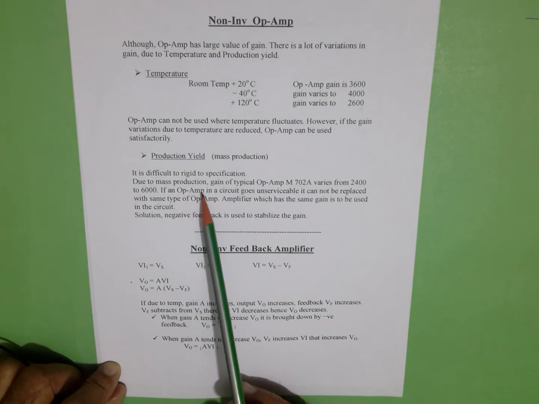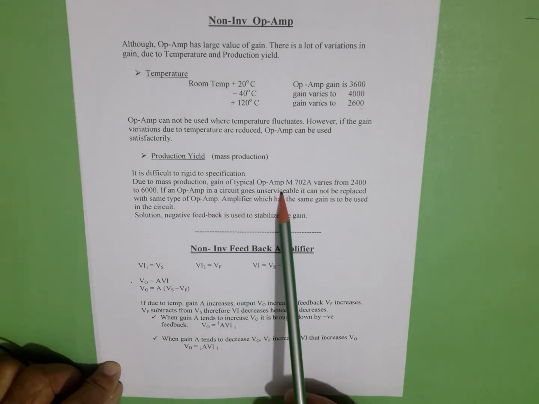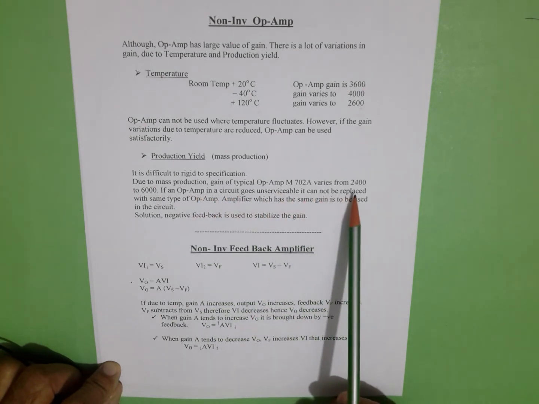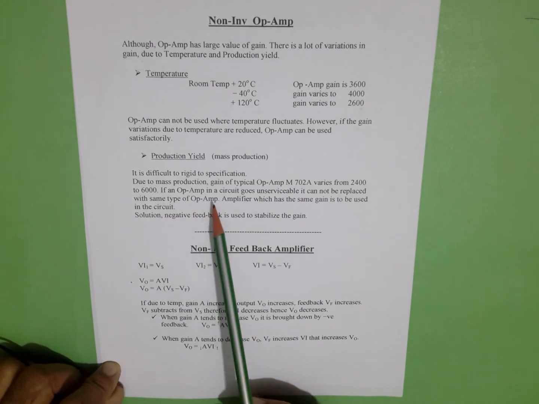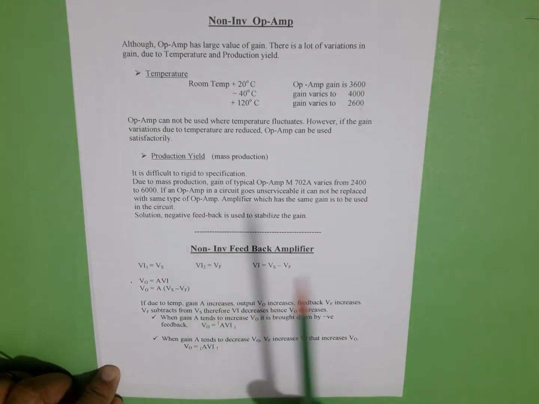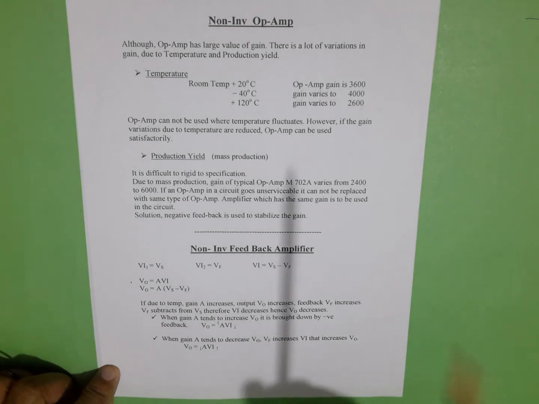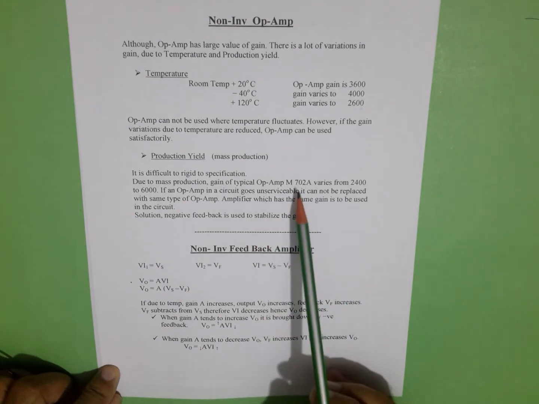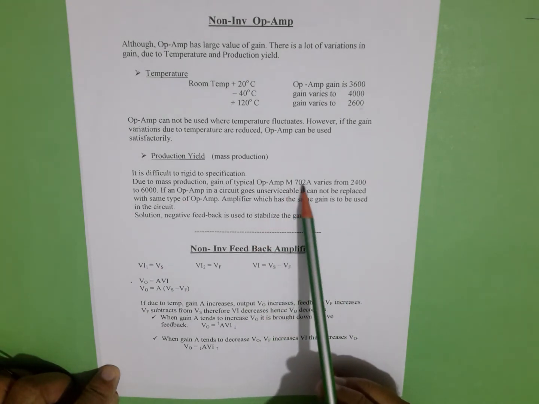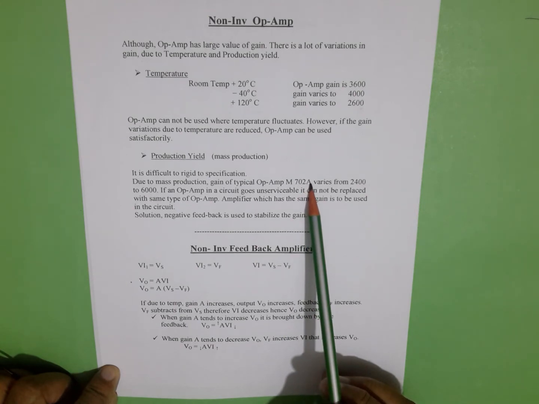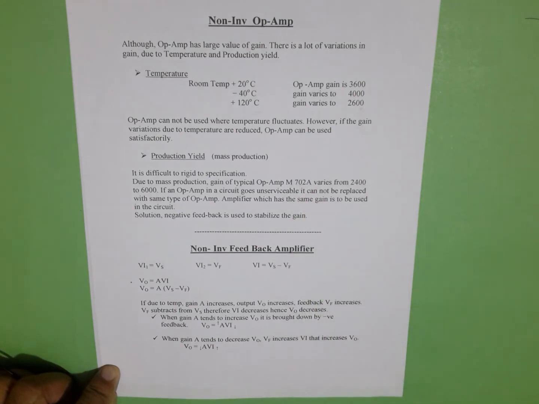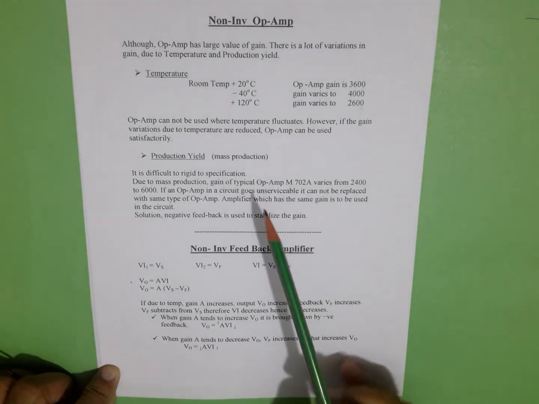If an op-amp in a circuit goes unserviceable, it cannot be replaced with the same type of operational amplifier. This point is to be emphasized: if you are using an op-amp of M702A type and it goes unserviceable, we just cannot go and buy from the market and replace the same type.